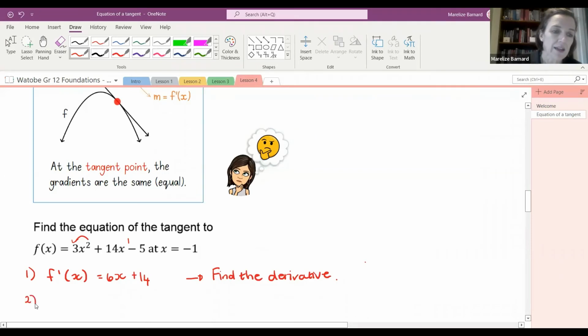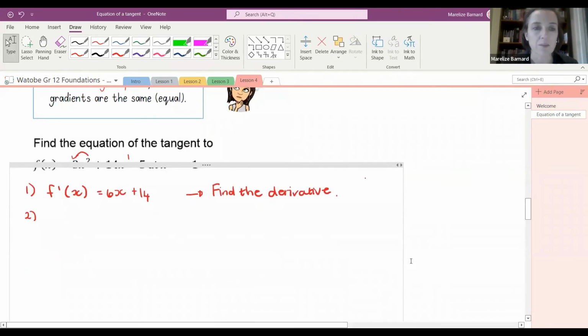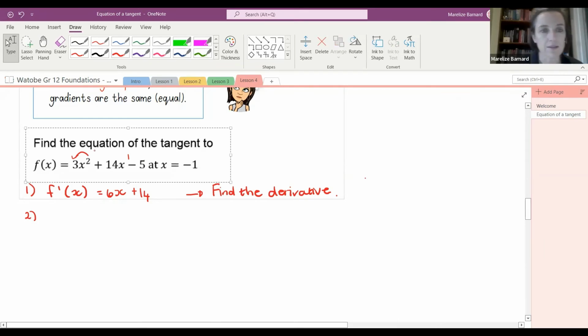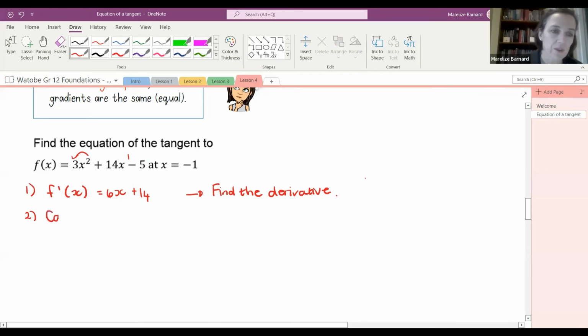Okay, now we're going to calculate the value of the derivative at the point where this tangent touches. If you're writing your notes, or if you're taking screenshots, that's basically going to be our second step.